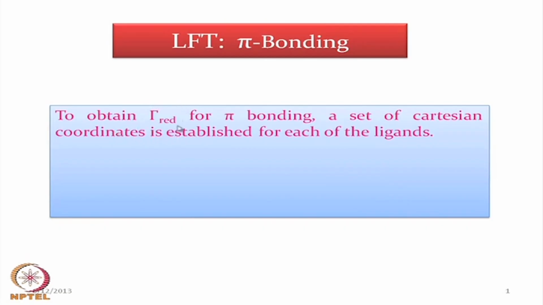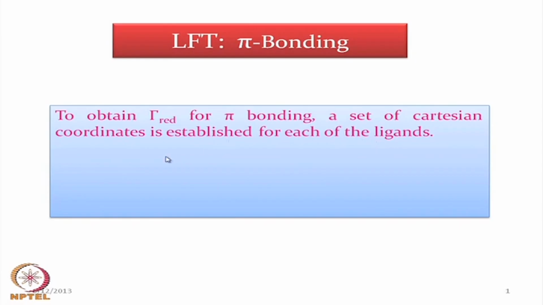So, the first thing we should have for this treatment is the corresponding reducible representation for pi bonding. Taking the help of group theory and its character table in octahedral symmetry, we can find the corresponding reducible representation for pi bonding. It is nothing but a set of Cartesian coordinates for each of the ligands.